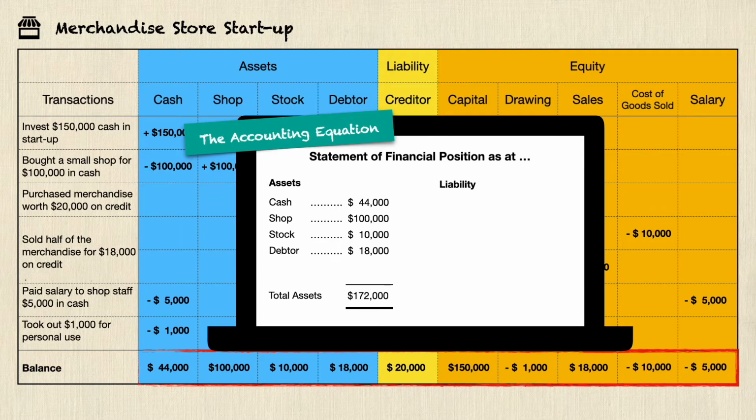Then we list down the liabilities of the business, in this case comprising only the creditors of $20,000. Finally, we list down the components of equity, starting with capital contribution of $150,000, followed by a drawing of $1,000, which we will deduct from the equity.